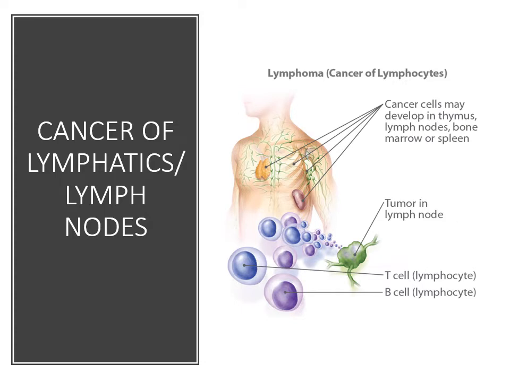Okay, and they lead to night sweats, fevers, weight loss, very enlarged lymph nodes, sometimes in the neck, under your arm. You can have enlarged spleen. So when you see the term lymphoma, it's a cancer of the lymphatic system.